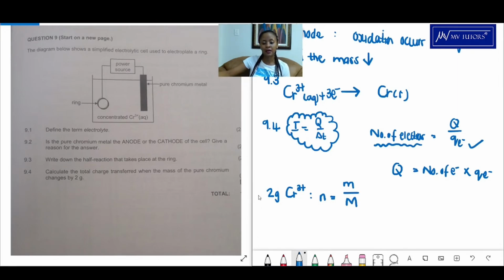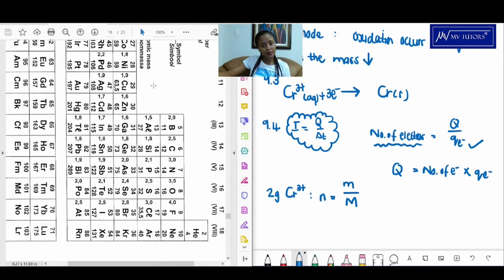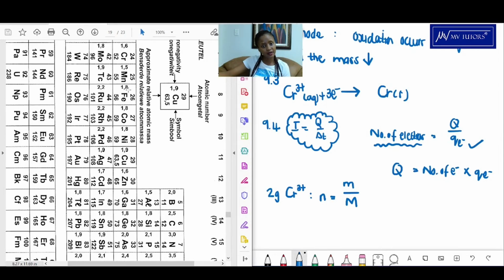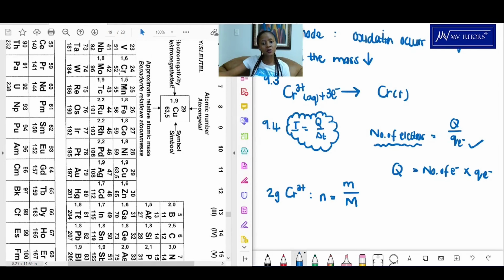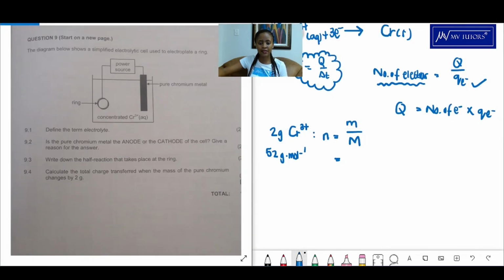If we have a look at the periodic table, chromium is somewhere here, yes, so chromium has 52 grams per mole. They gave us the mass, which is 2 grams, and then we have the molar mass, which is 52.